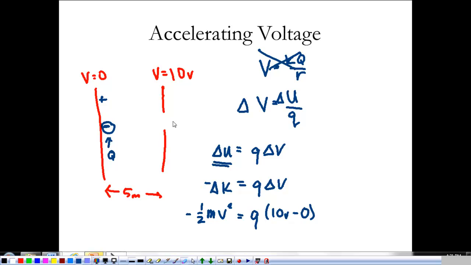That's going to tell me the velocity this object has as it's leaving here. Because it's a negative charge, the negative signs go away. But this is going to help me find out how fast this thing is going as it shoots out. As I move through a change in voltage, it's going to tell me a speed.